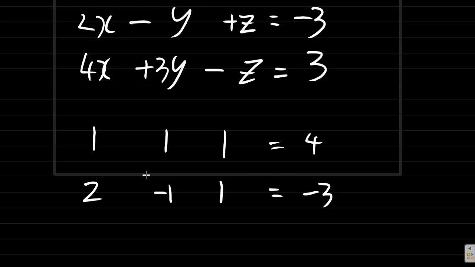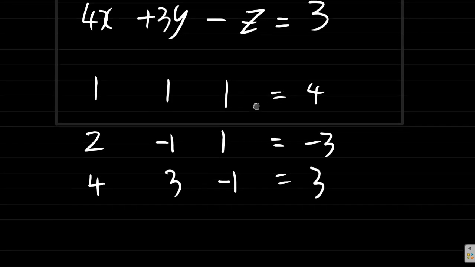So let's say I didn't say minus a 1y, now I say plus negative 1y. Because the default operation is addition, your plus. But when you say minus y, it's the same as plus negative y. Alright, so you have a 4x plus a 3y plus a negative 1z equals 3.